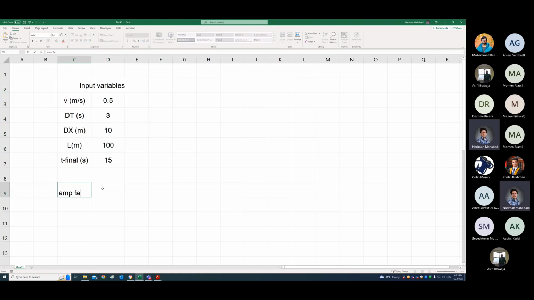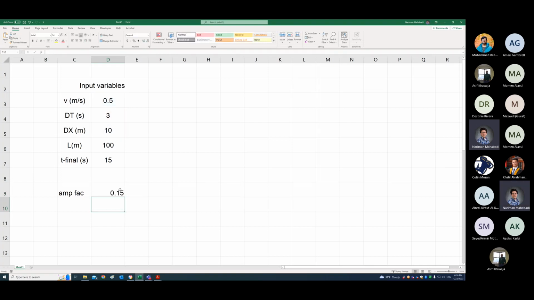And you can calculate your amplification factor, which is the absolute value of the velocity times delta t divided by delta x.